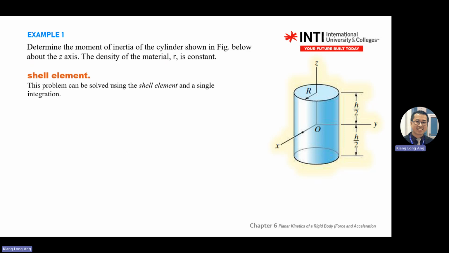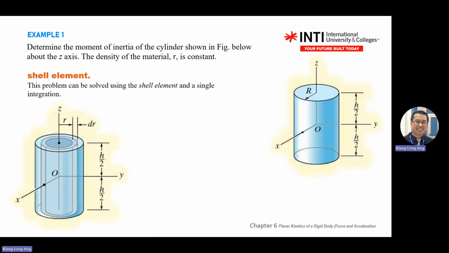You can use shell or this method, but this one is a cylinder, so you can use that method. How do you use a triple integration? I equal to integral of r square dm, or r square rho dV. How to find V? Triple integration of dy dx dz.